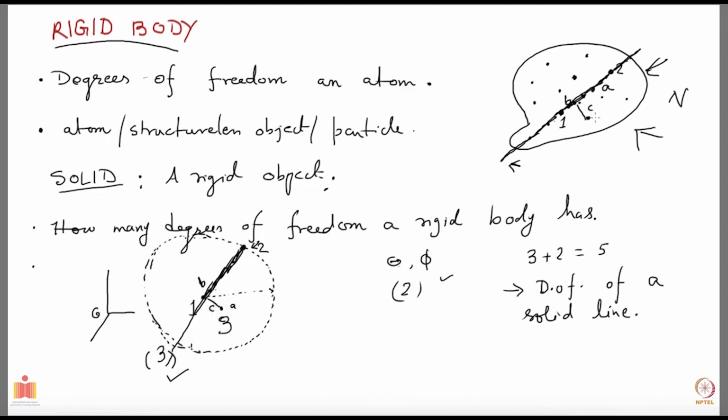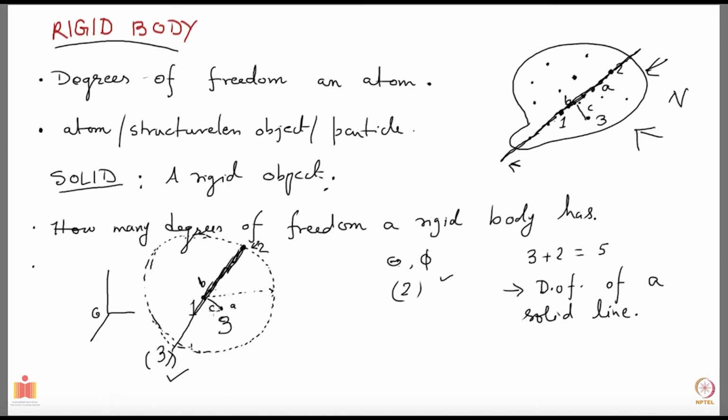So this is particle number 3. Now this particle number 3, if you tell me only that it is distance c away from this line, then it could be anywhere on the circle whose center lies here, right? See, with this distance fixed, you can draw a circle around this point.